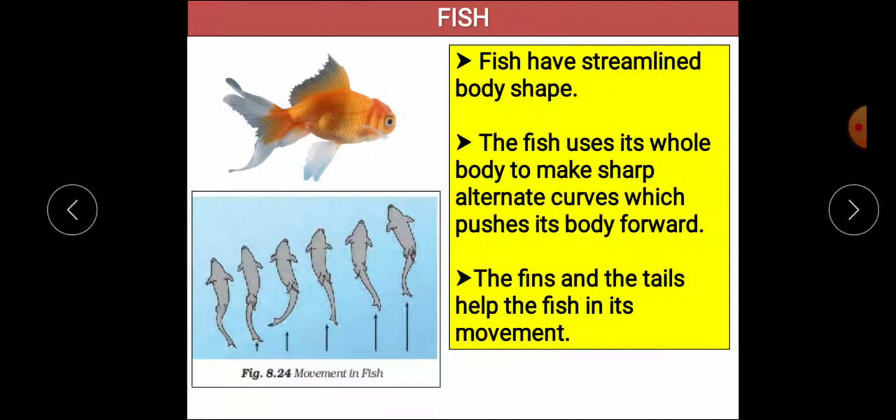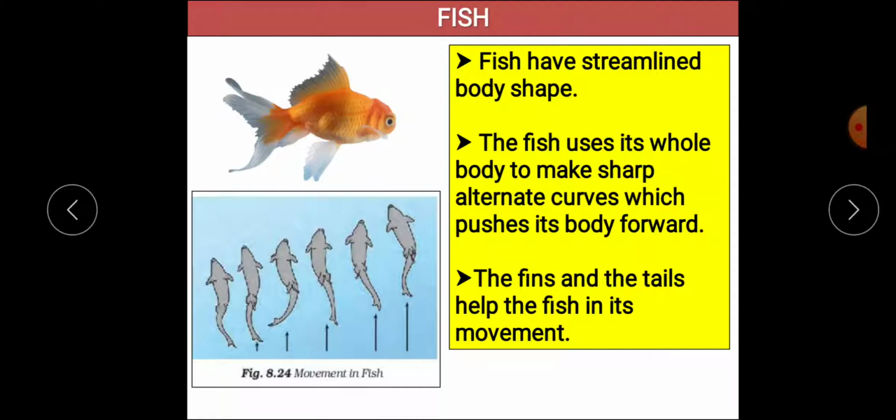That is with the help of its fins and tail and sharp alternative curves made by its body. In the picture, try to see carefully what a fish does. First, it curves its head part in one direction while the tail part is curved in the opposite direction.